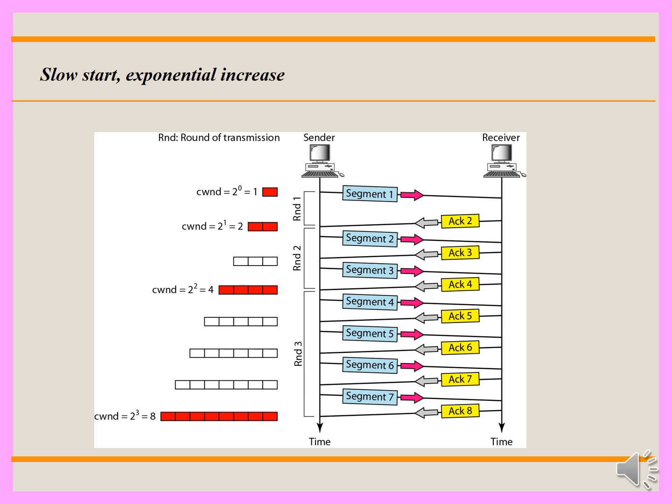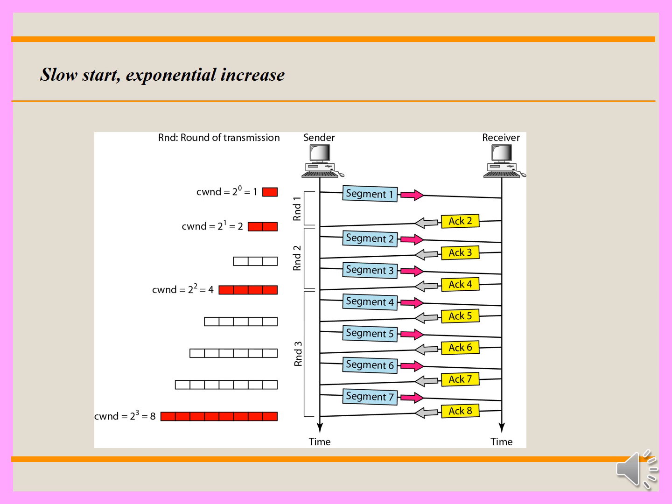We have assumed in the beginning that RWND, the receive window, is much higher than the congestion window, so that the sender window size always equals CWND, the congestion window size.